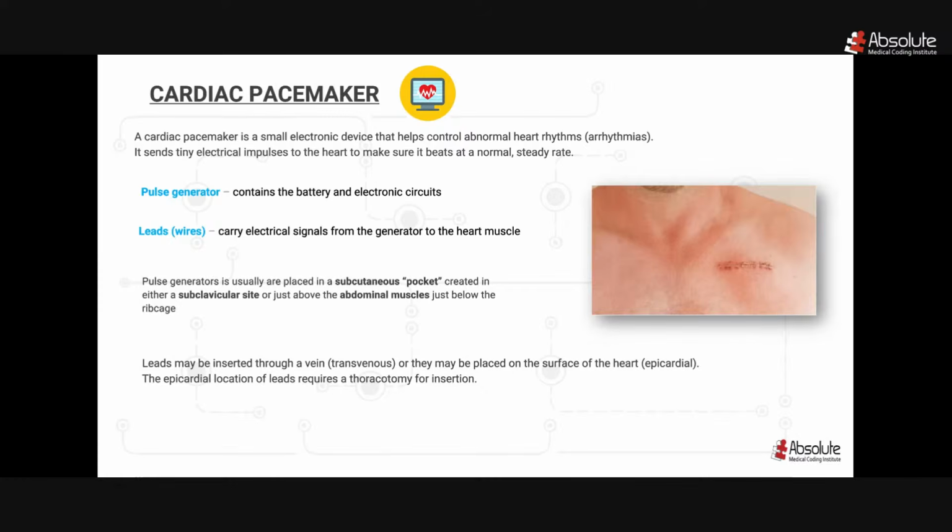In this method, the leads are placed directly on the outside surface of the heart, called the epicardium. This procedure requires a thoracotomy, which means the chest has to be surgically opened. All right. So remember, coders, transvenous means through a vein, and epicardial is directly on the heart surface, so mostly it requires a thoracotomy. All right. Are we good so far?